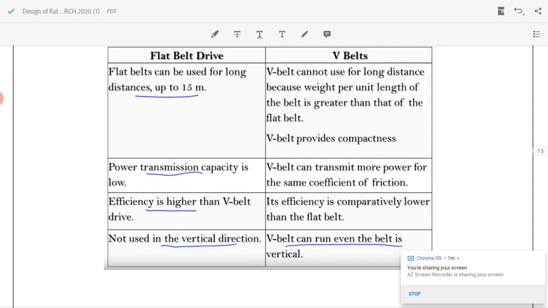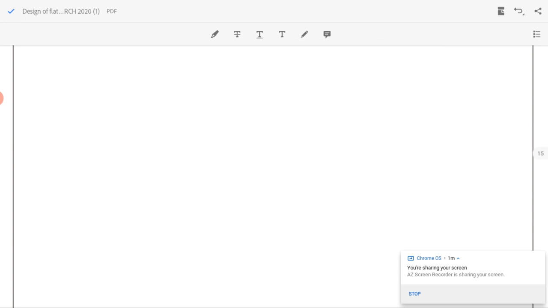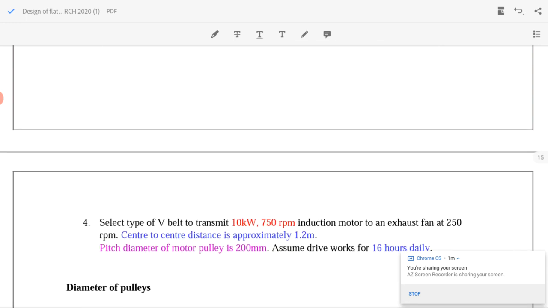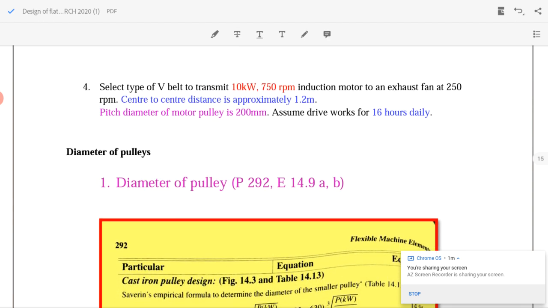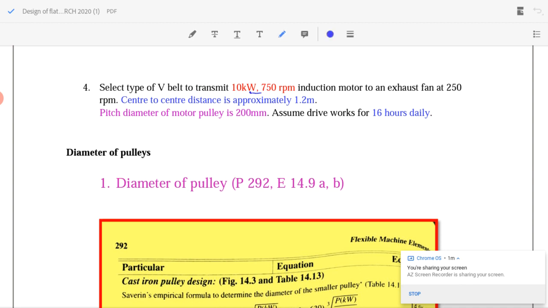Now we'll see the design steps for designing a V-belt. Answer this question. Select a V-belt to transmit power equal to 10 kilowatts at 750 rpm from a motor to an exhaust fan at 250 rpm.